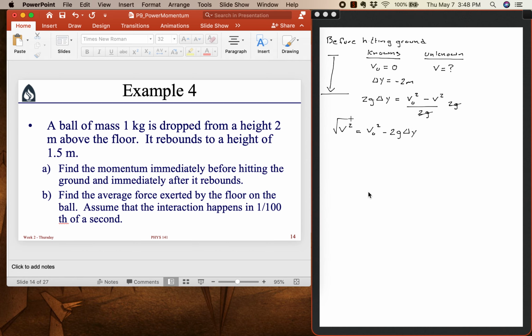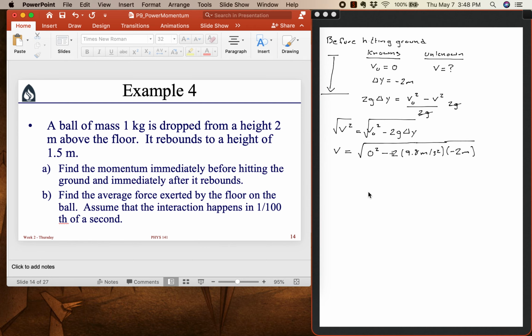And then I just need to take the square root of both sides. So my speed right before I hit the ground is going to be equal to the square root of the initial velocity squared, but that initial velocity was 0, minus 2 times 9.8, since g is always positive 9.8 meters per second squared, and then my delta y is negative 2 meters.